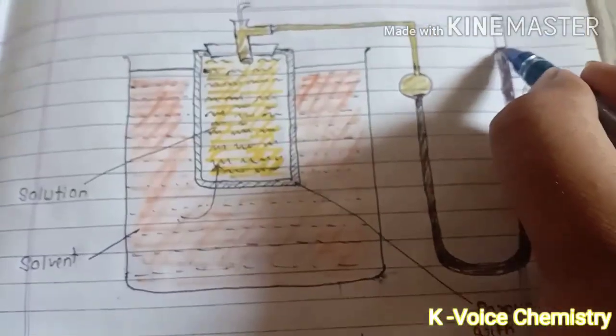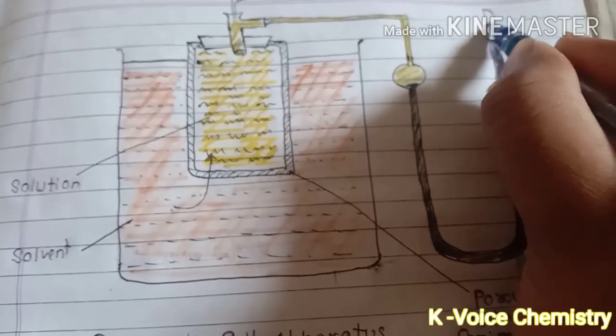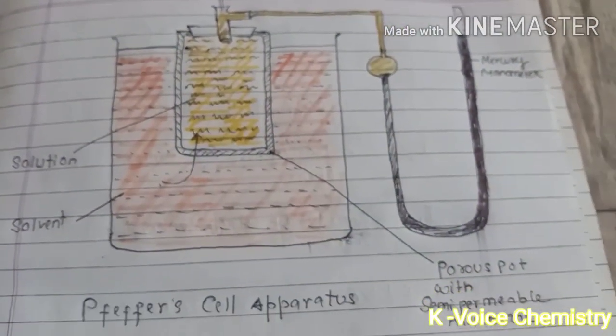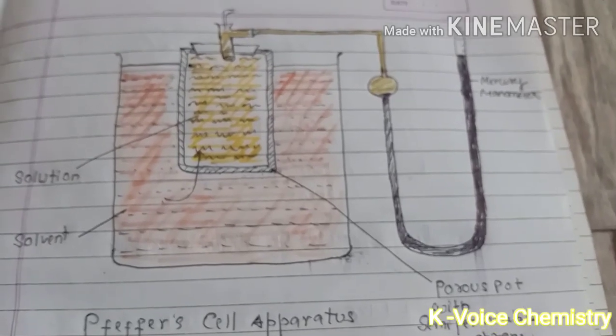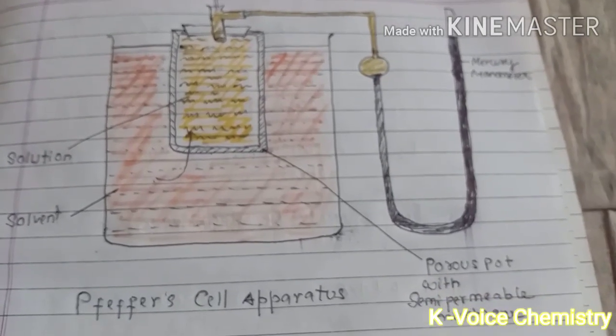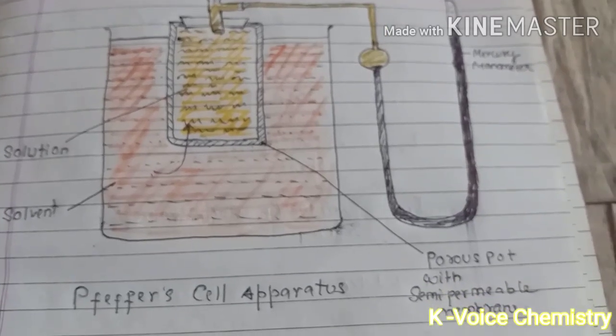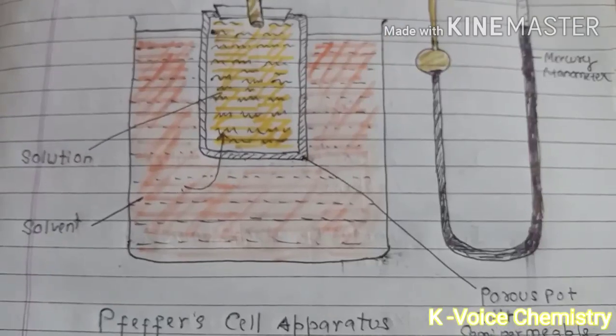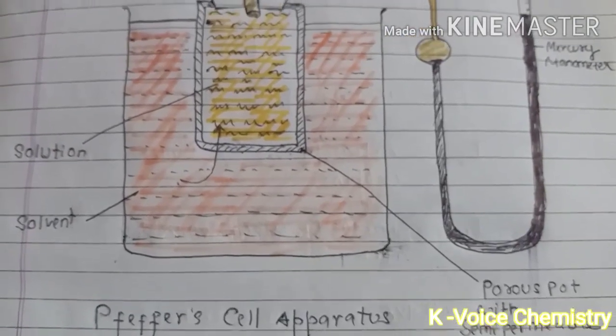This is a scale where we will measure the level of the mercury, and in this way we can calculate the pressure exerted, which we call the osmotic pressure, in order to maintain the equilibrium. I hope I am very clear with you all.